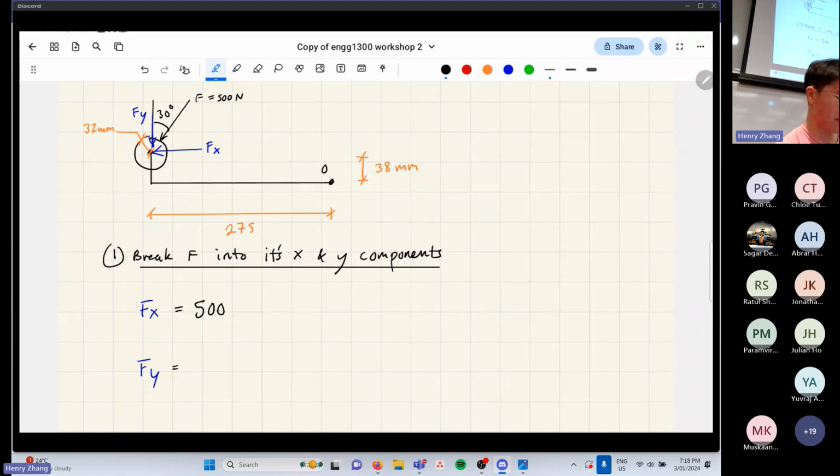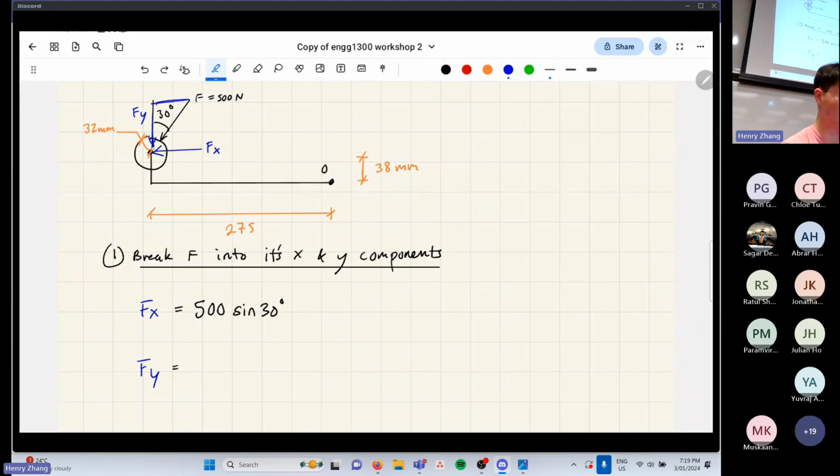So it's 500 newtons. Is this going to be sine or cos? Have a think about it, for the x, the horizontal part. It's going to be sine, because it's not the butterfly angle that I was talking about last time.